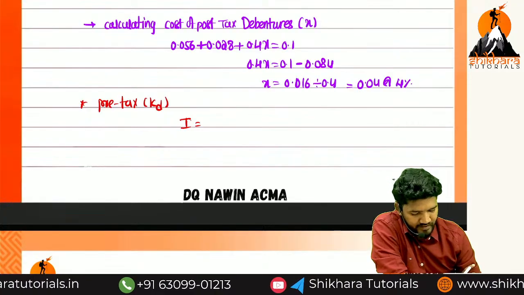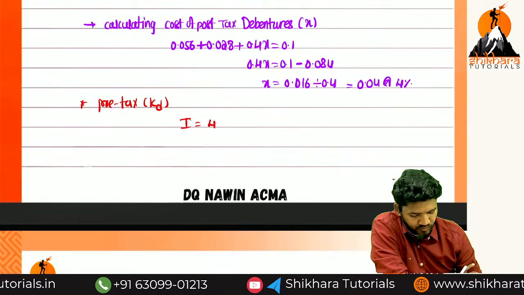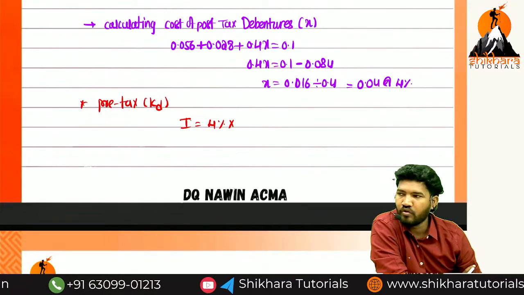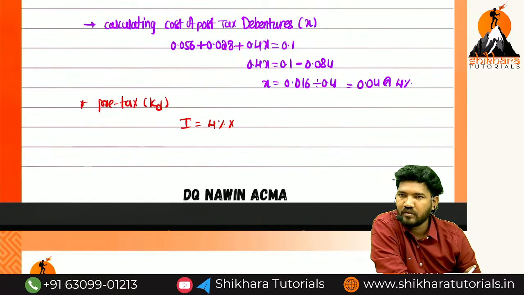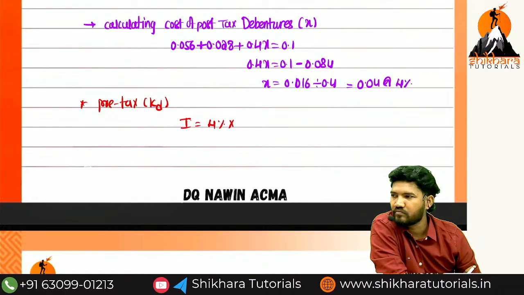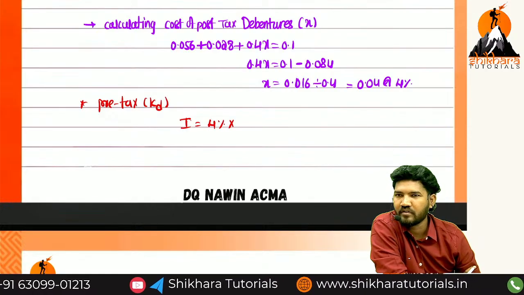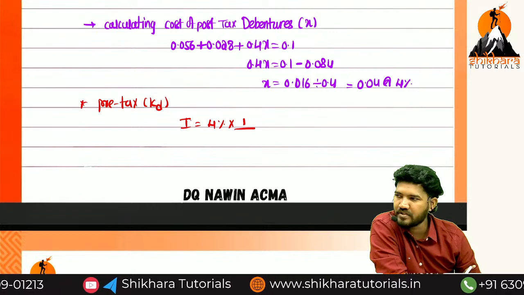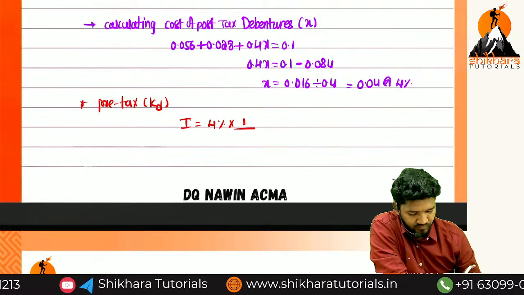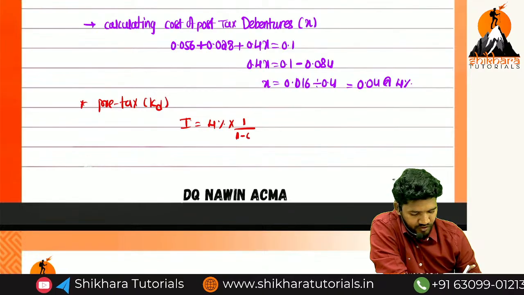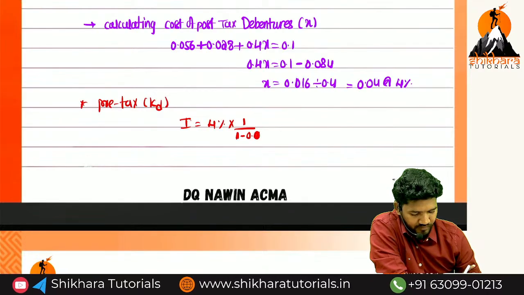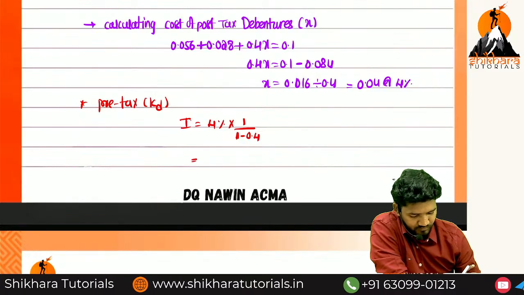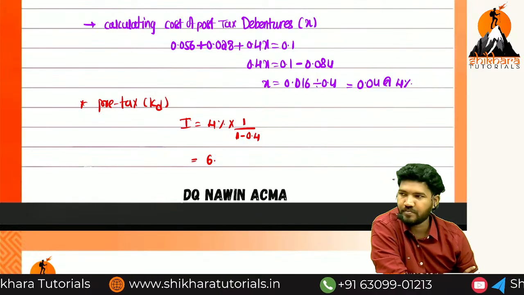Now how do I calculate? 4% is equivalent to 1 minus tax. What you want is 1. Now 1 divided by 1 minus tax, please. 1 minus 0.4 is 0.6. Now the answer?